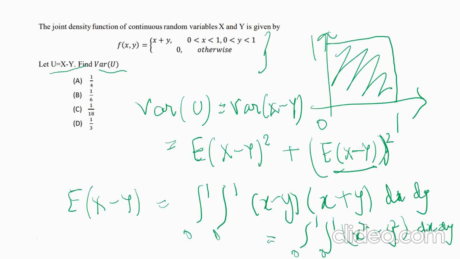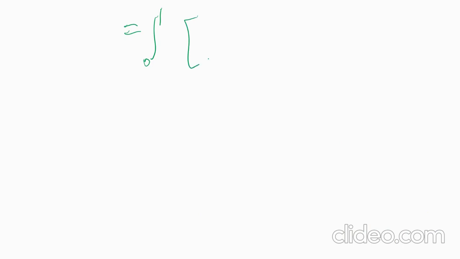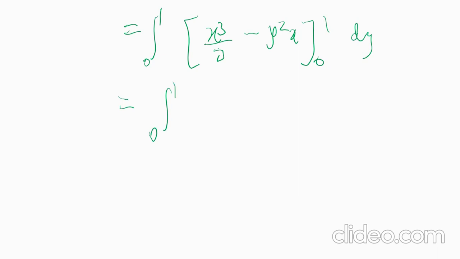So that one will be what? 0 to 1. If we integrate with respect to x, firstly it will be x cubed upon 3 minus y square x from 0 to 1, and dy will remain. X cube at 1, so this will be 1 by 3 minus y squared dy.